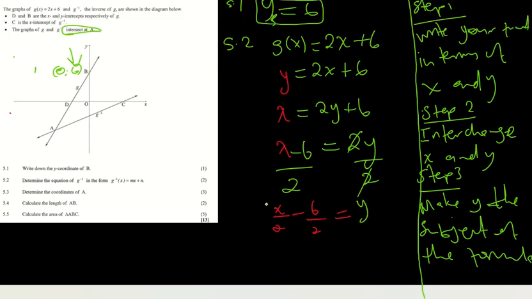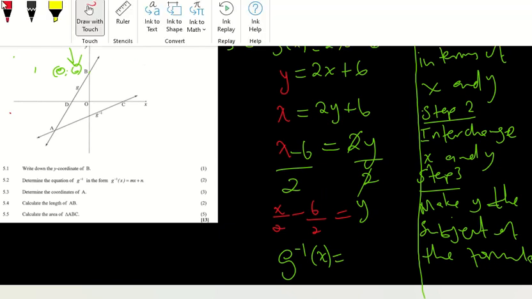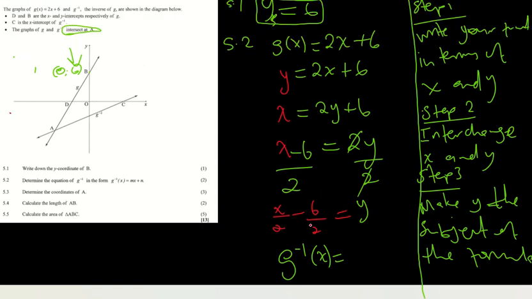Then this is my inverse. This y is the inverse of this g of x. But remember, they said we should write the inverse of g in the form g inverse of x is equal to mx plus c. So here, in the place of y, allow me to substitute g inverse of x equal to this part in red.